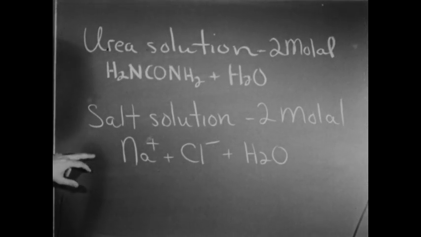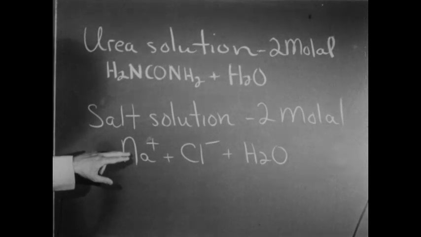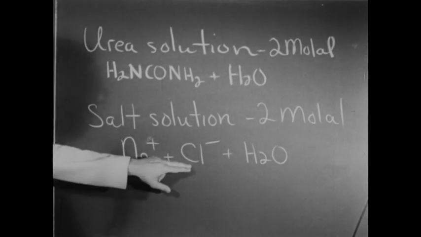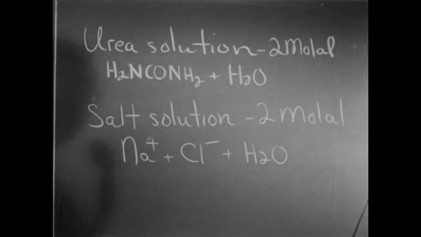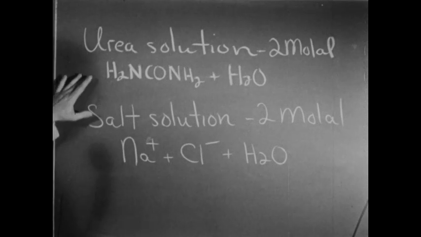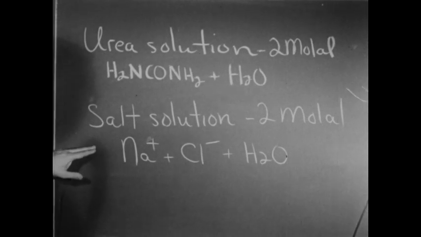And the explanation for this is that in the sodium chloride solution, the formula weight of sodium chloride in solution was dissociated into a sodium ion and a chloride ion. And therefore we have in the salt solution approximately twice as many particles as we do in the urea solution. And this additional number of particles caused the higher elevation of the boiling point in this solution.